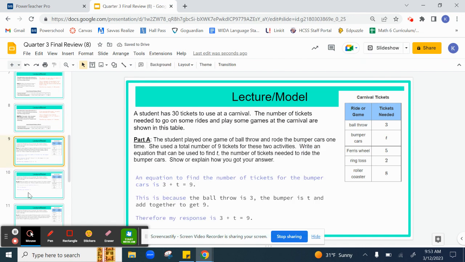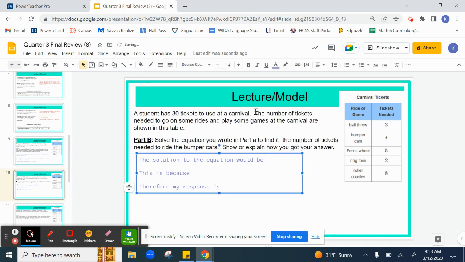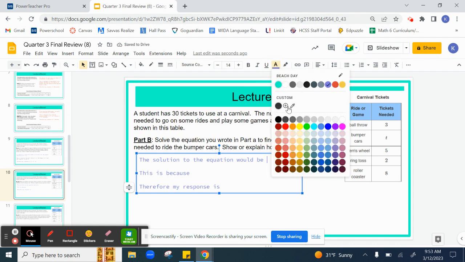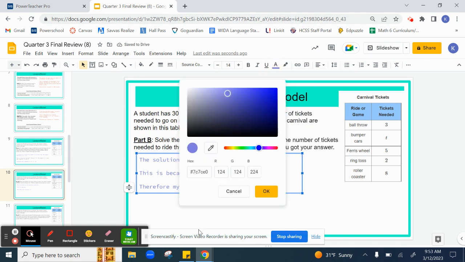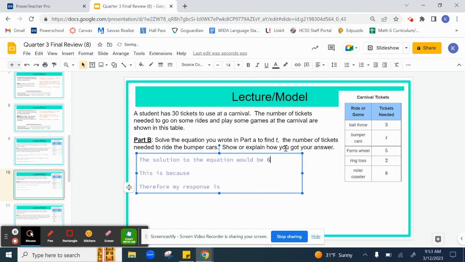All right, so the equation we wrote was 3 plus T equals 9. So if I undid my addition with subtraction, 9 minus 3 would be 6. This is because, again, what did we just say?